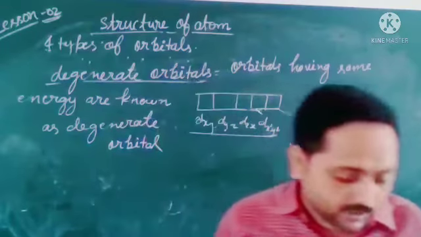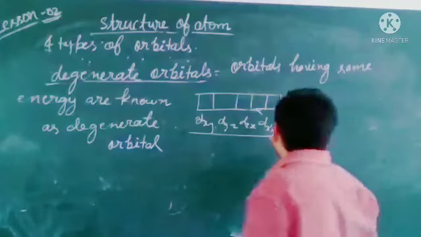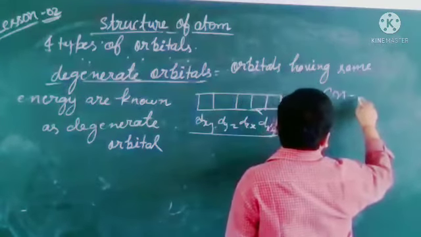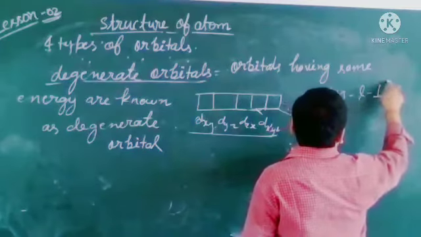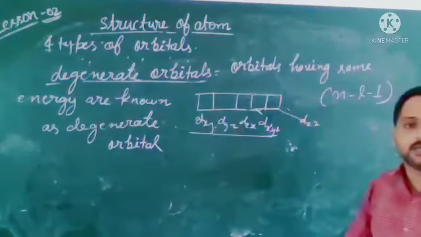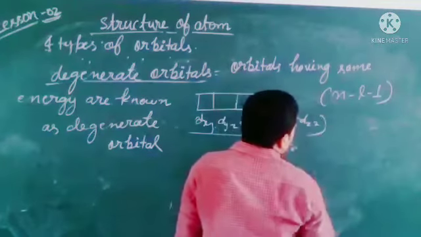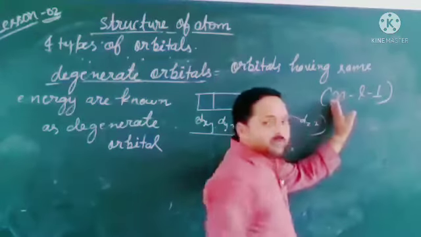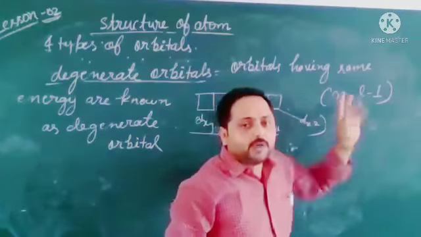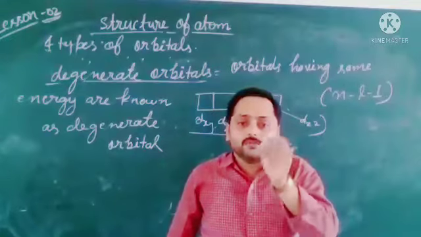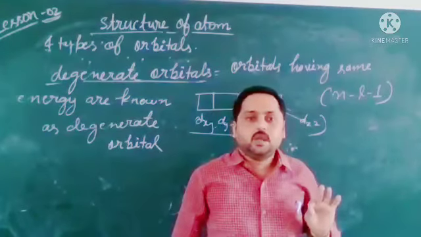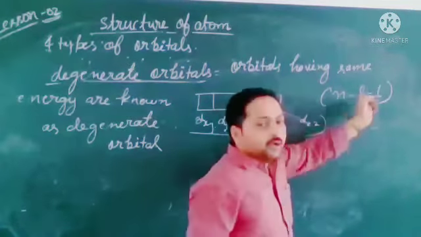And nodes can be calculated by using this formula: n minus l minus 1. By using this formula, you can calculate the nodes in different orbitals. We have not discussed n and l.